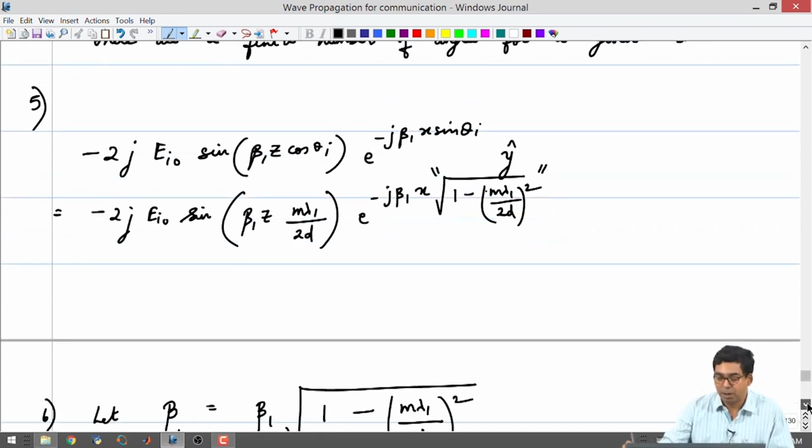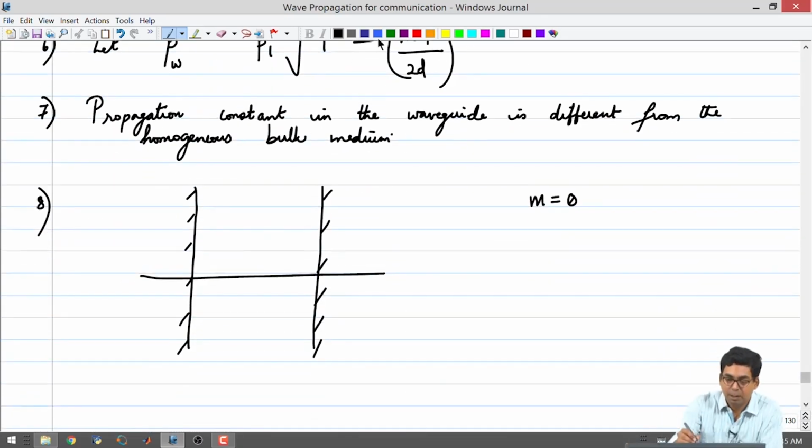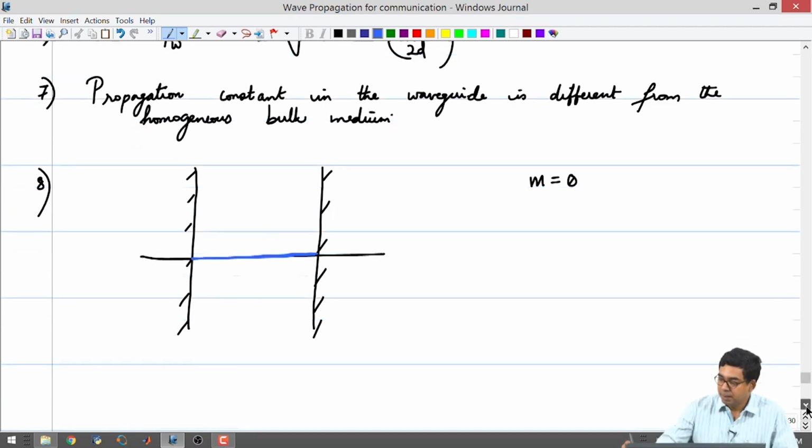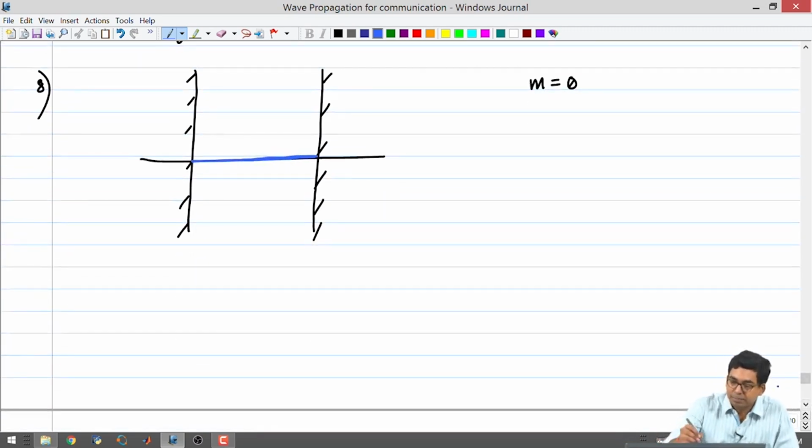So, if I were to draw this, I would be having just a flat line like this, where this edge corresponds to 0. It has to satisfy the boundary condition. Boundary condition is that at the interface between the dielectric and the conductor, you have 0 electric fields. In between, it is governed by that expression for the total field, it is 0. No electric fields for m equal to 0. So, there is a constraint, first of all. Let us have a look at the same thing.